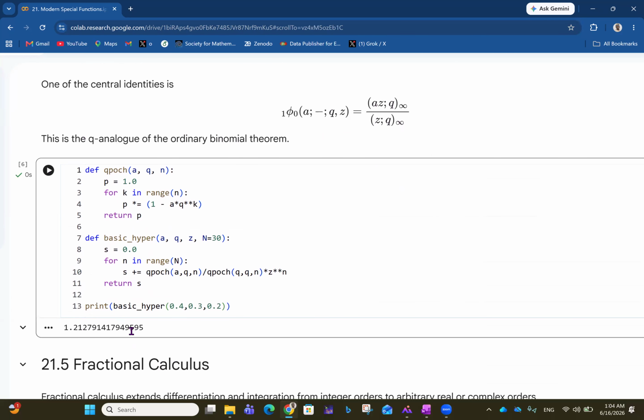So, like I said, I've got an inspiration from these modern special functions to maybe look at doing a playlist on fractional calculus, which has been all over the place now for about, I think, between 5 to 10 years.